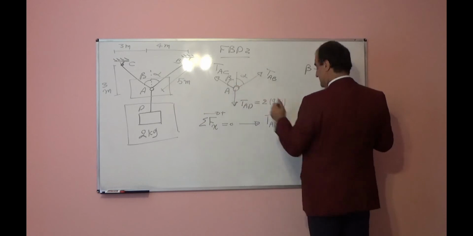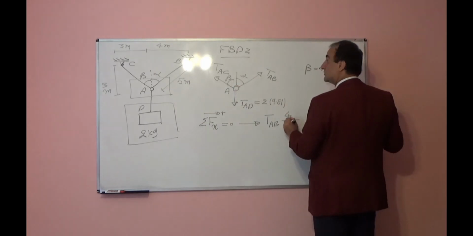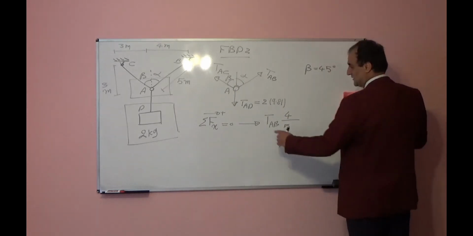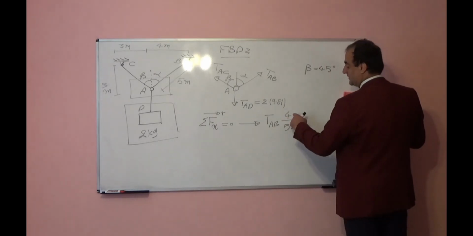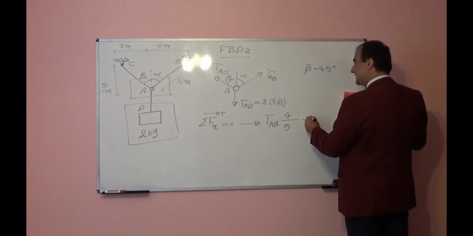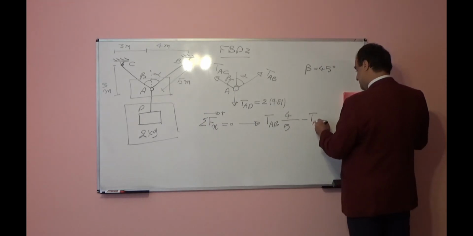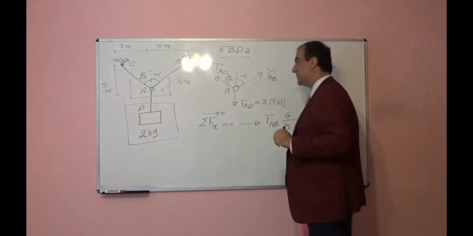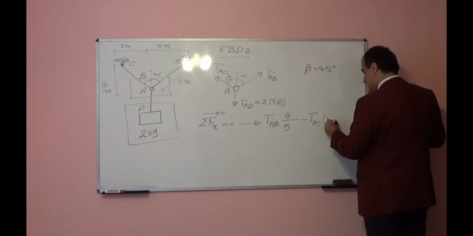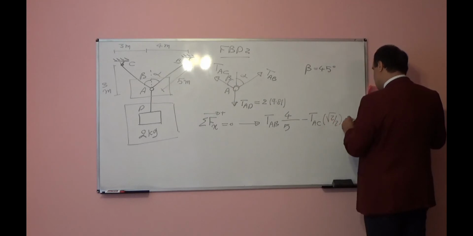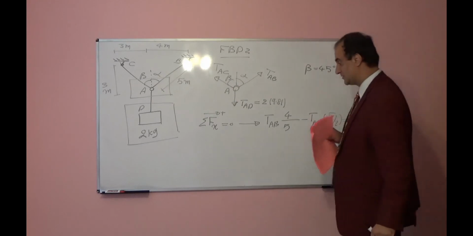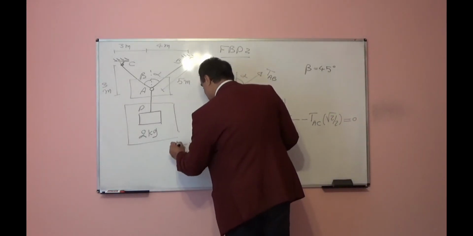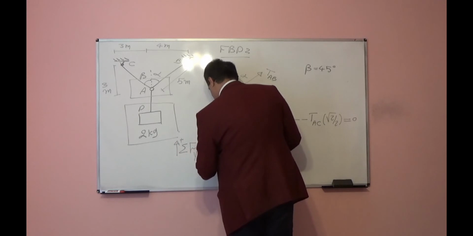Sine of this angle will be 4/5. So T_AB times 4/5 minus T_AC sine of beta. Beta is 45 degrees, so sine is square root of 2 over 2, and this is equal to 0. Another equilibrium equation is the summation of forces in the y direction equal to 0.